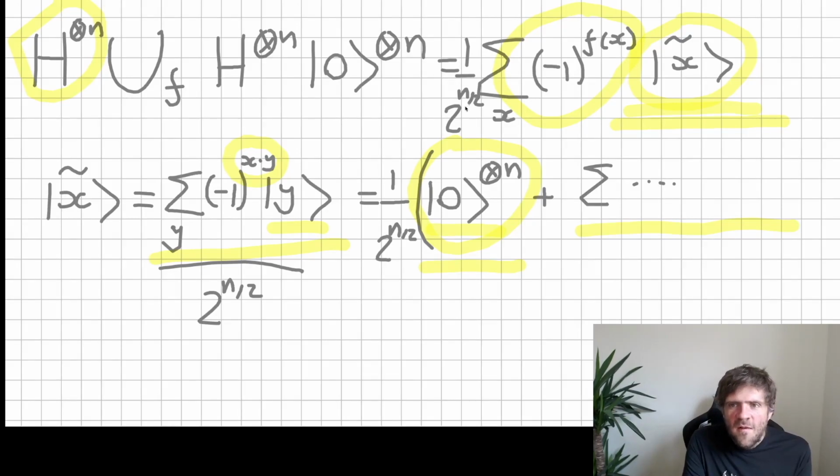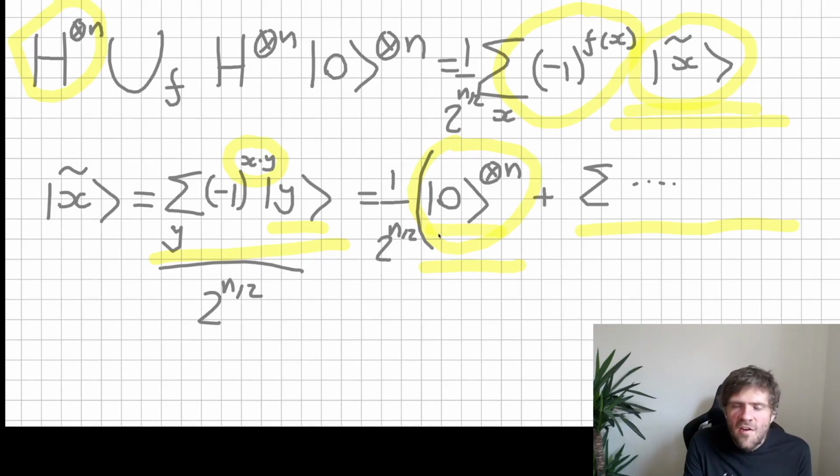And we know that half of the outputs for the phase oracle are 0 and half of them are 1. So we know that half of these phases are +1 and half of them are -1. And so this big sum, when applied just to the all zero states, is going to have lots of terms which are 1 and lots of terms which are -1, which perfectly balance each other out.